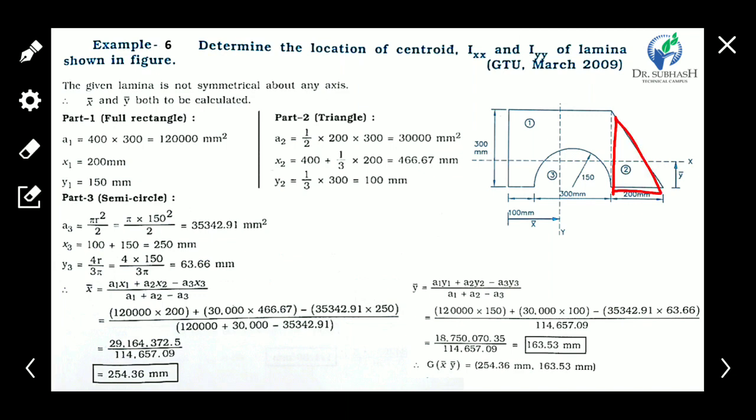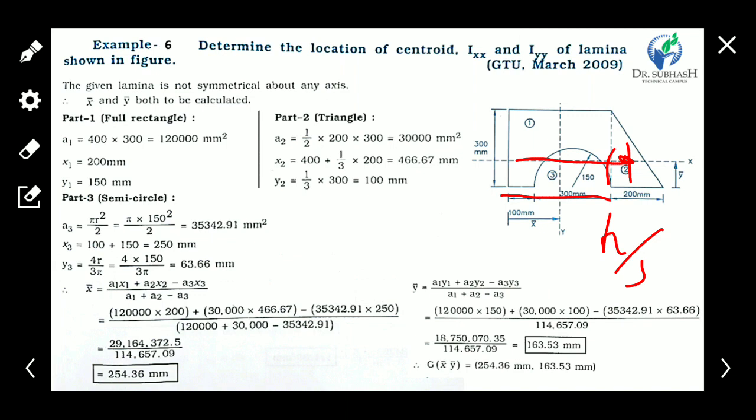Similarly for part 2, element 2, the triangle. Area of triangle is 1/2 base into height, 1/2 times base 200 times height 300, so total area is 30,000 mm square. X2 is the horizontal distance of the CG of the triangle from the vertical reference axis. The horizontal distance of CG of triangle is defined by h by 3, and this distance is 400 plus h by 3.